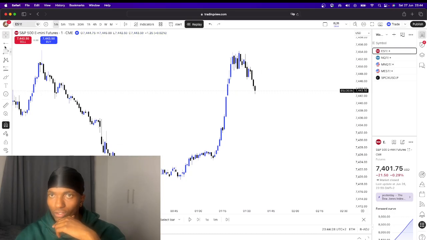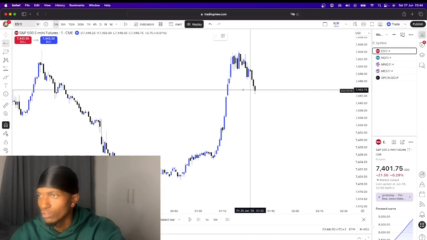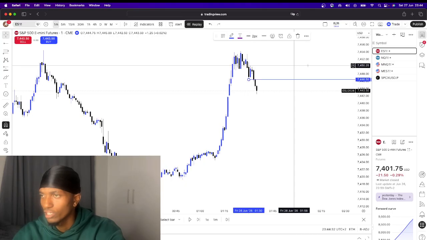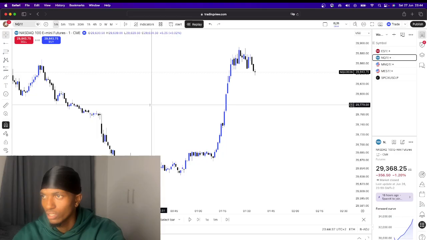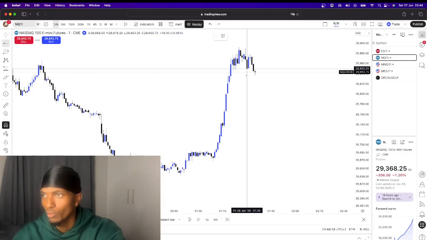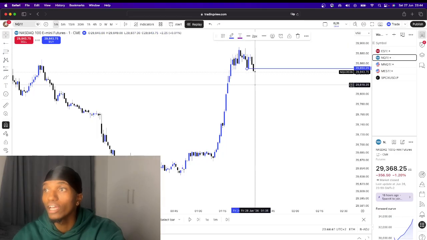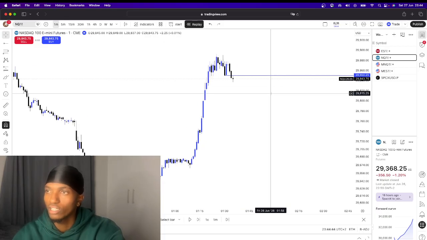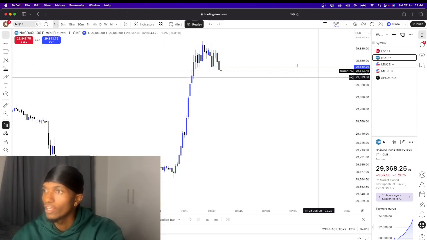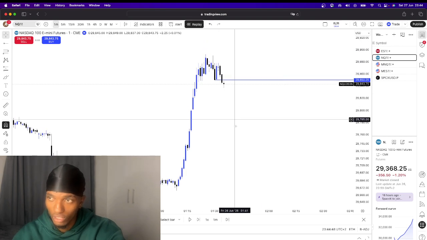There we go. So you see we have a break of structure down here on ES, and on Nasdaq our break of structure is up there, you see. So in this case, what does this mean? ES is leading to the downside, right?